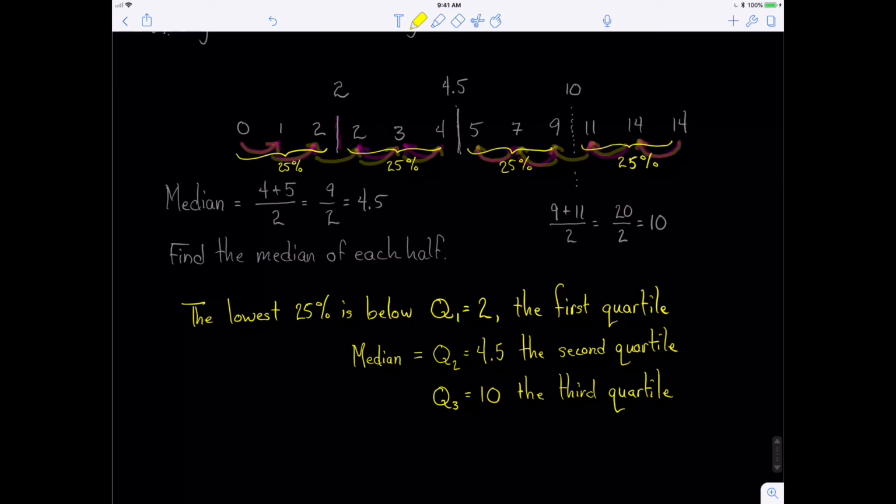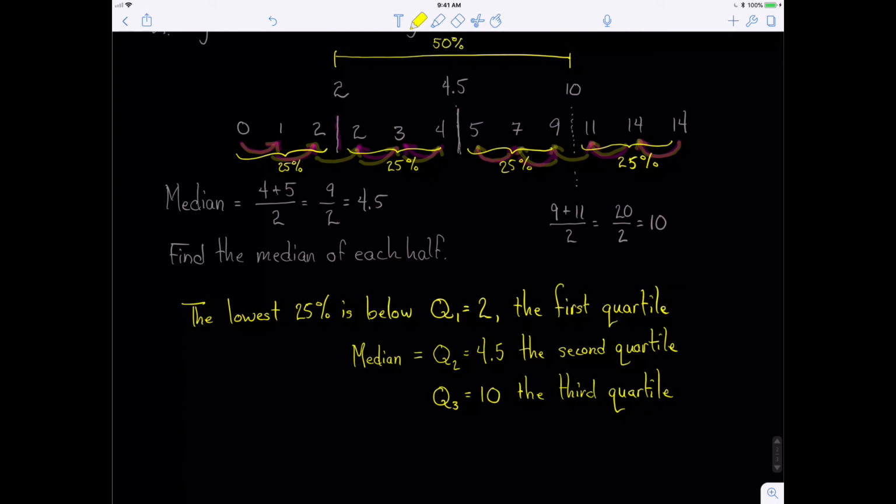Now notice that between the first quartile of 2 and the third quartile of 10, that's 25 plus 25, which represents 50% of the data falling between those two numbers.